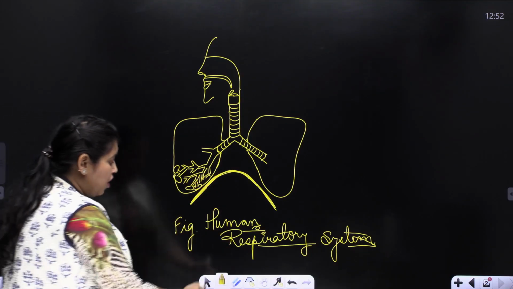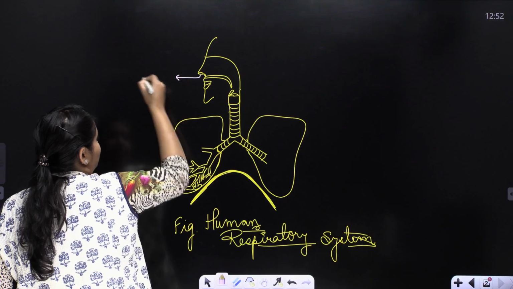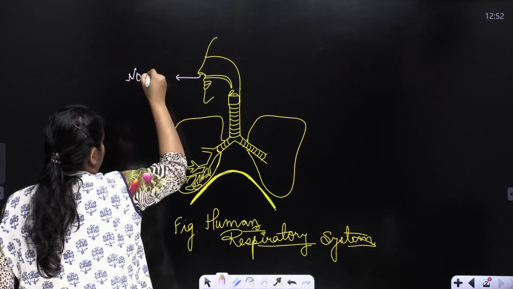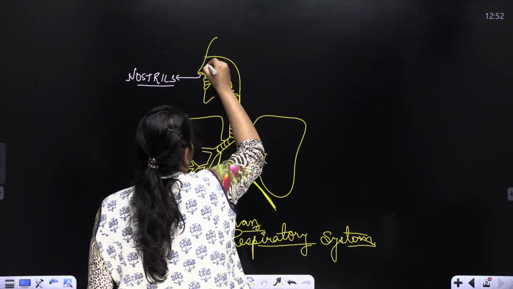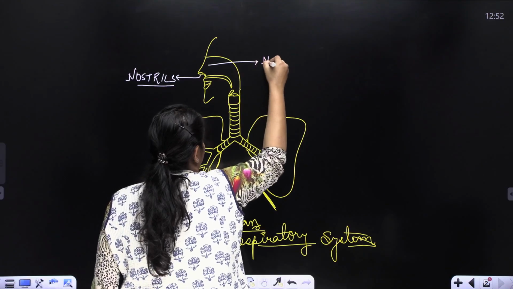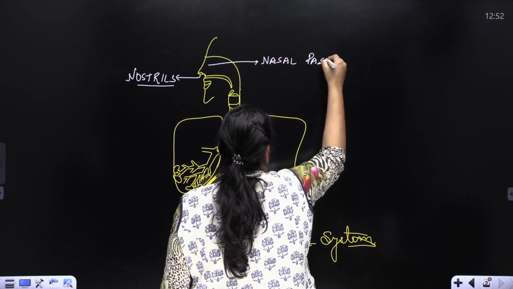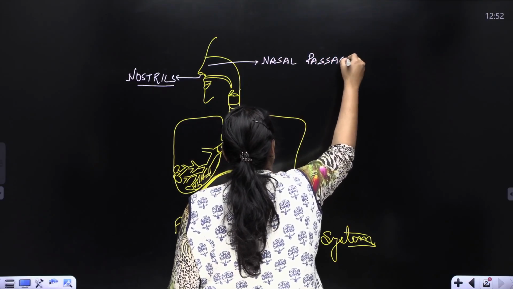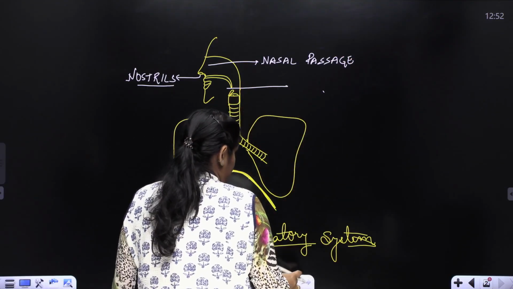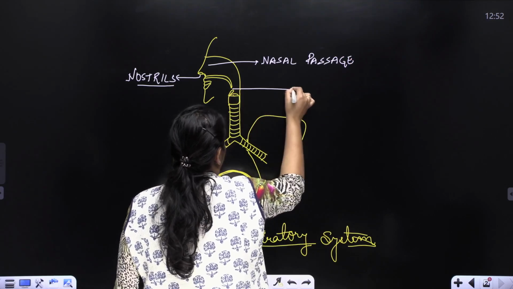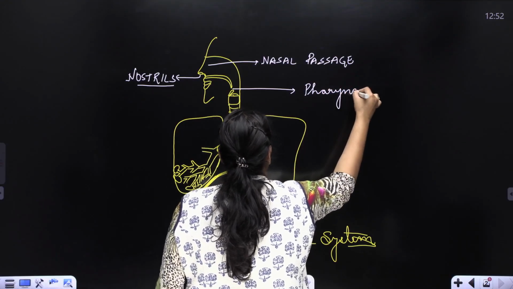All right. So now let us label these parts. This opening is the nostril. This is the nasal passage. Then this part is the pharynx.